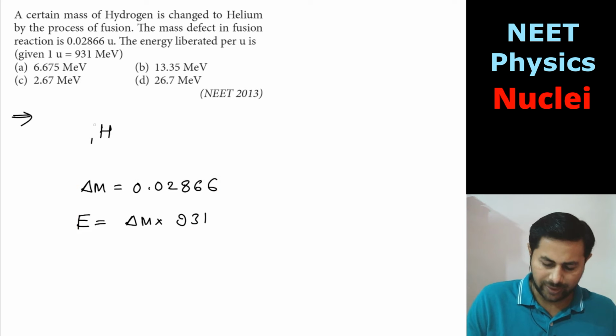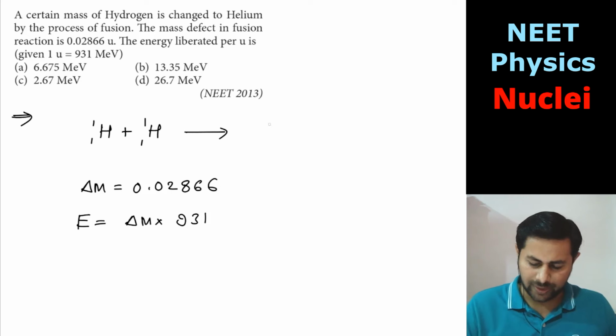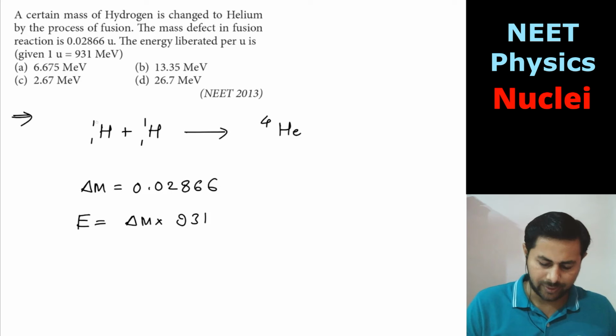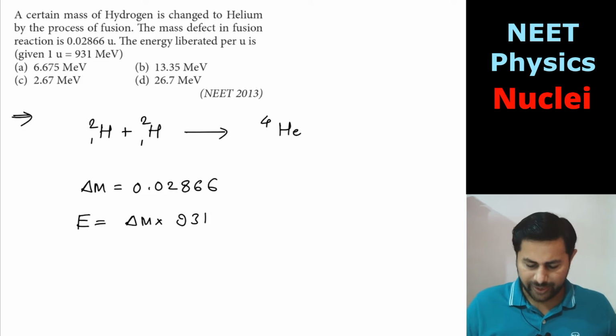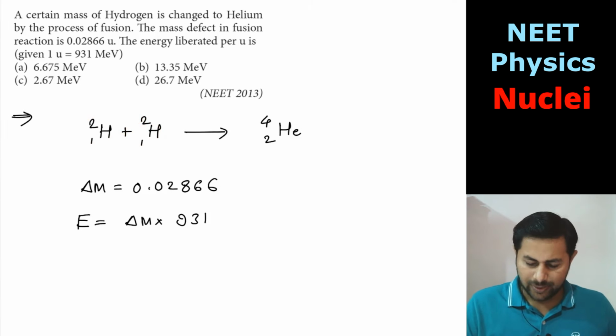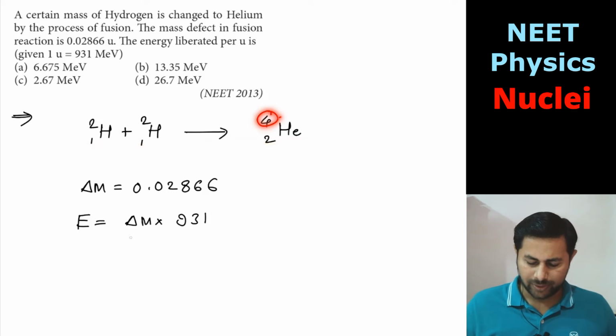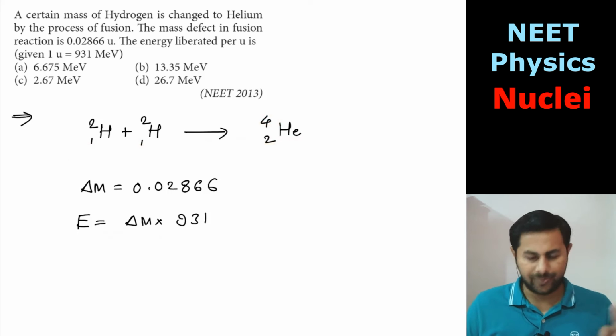Hydrogen 1 plus hydrogen 1, but you want helium, no? So there are 4 nucleons. By some way, the hydrogen becomes deuterium and then it fuses, right? So there are 4 nucleons, so therefore you want energy liberated per nucleon.